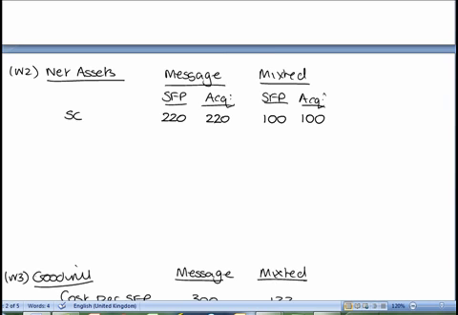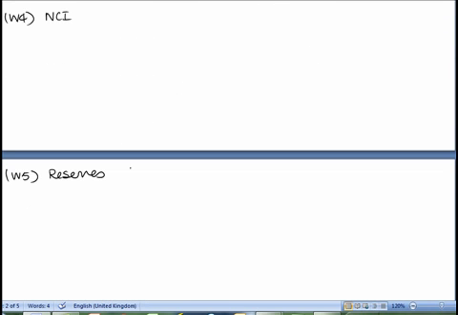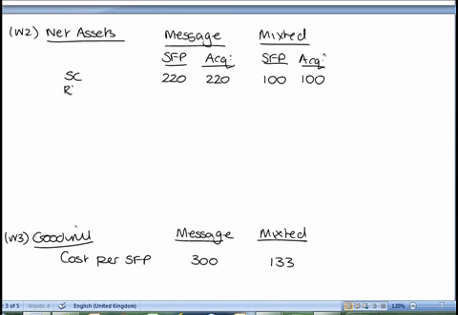We then have retained earnings. The first retained earnings figure that we see is for the parent. So you take 100% of Bravado's, which is 240. And we then go to our net assets working. Retained earnings for Message is 150 at the SFP date, and for Mixed it's 80.